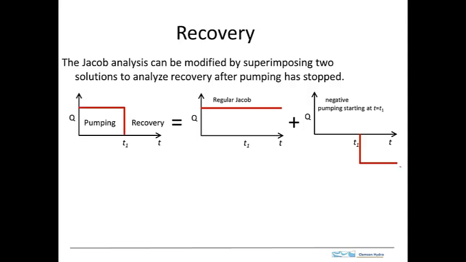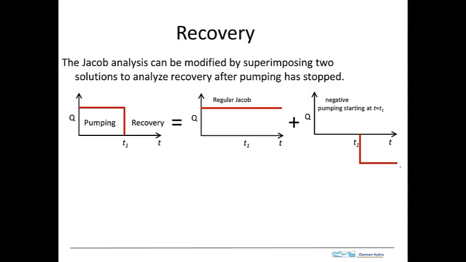Okay, so now we want to take the next step and analyze what happens after we shut the pump off. When we shut the pump off, the water levels will start to rise and the system will approach equilibrium. It'll go back to the original conditions.